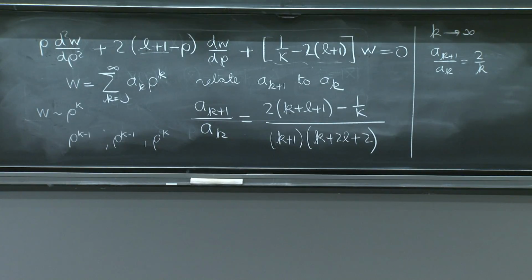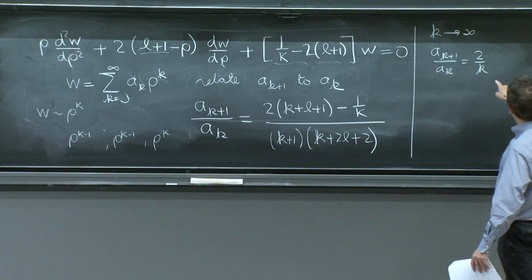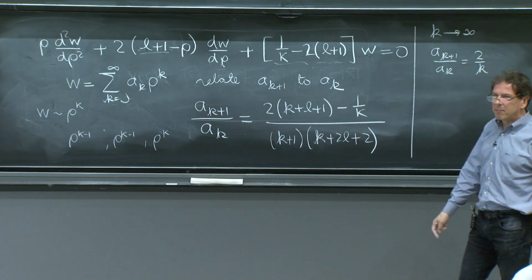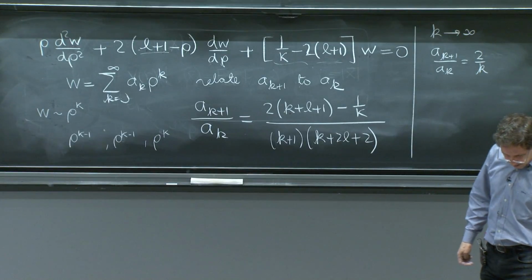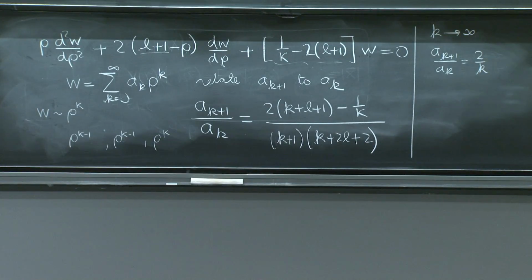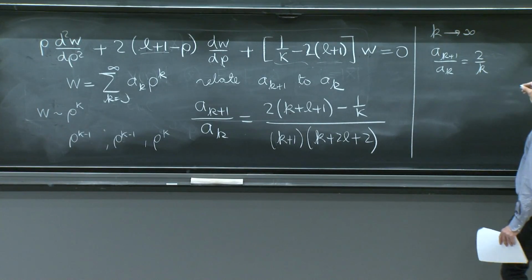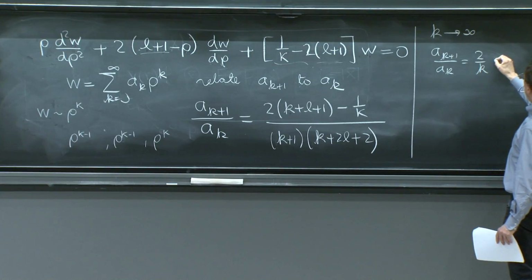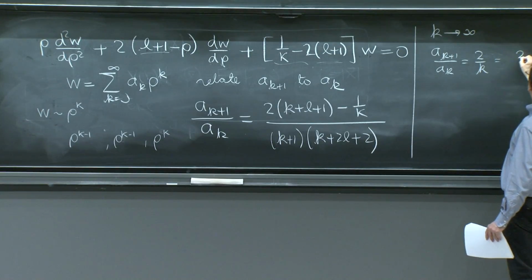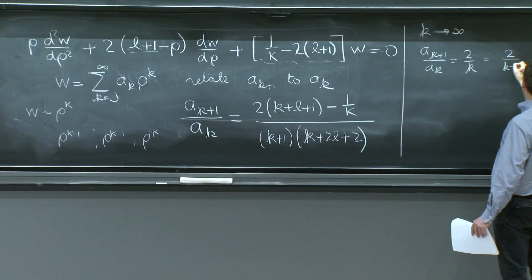Now, you could change these numbers a little bit. I'm going to do a tiny trick to simplify it, but it's just a trick. Don't worry about it too much. I'll put 2 over k plus 1 here.